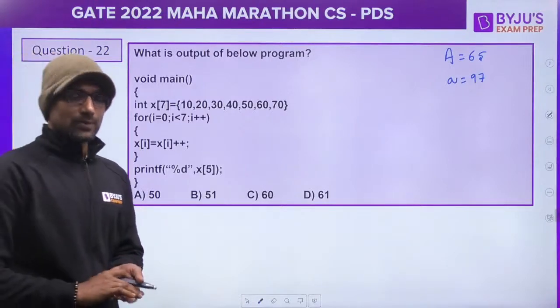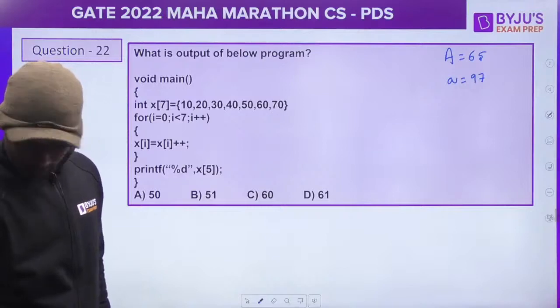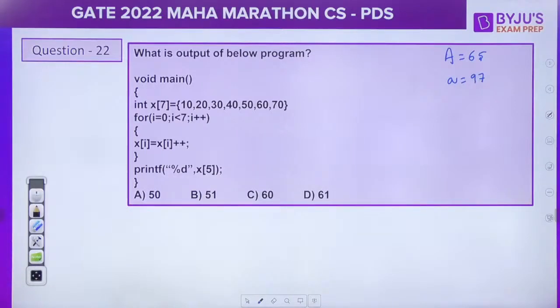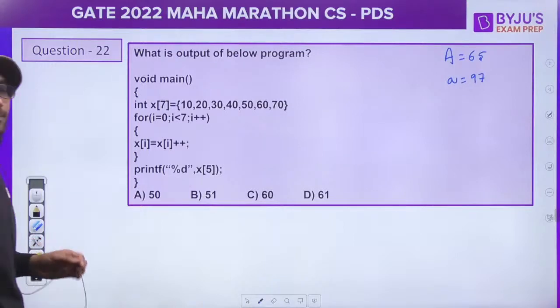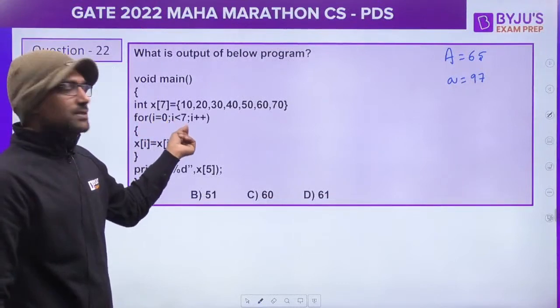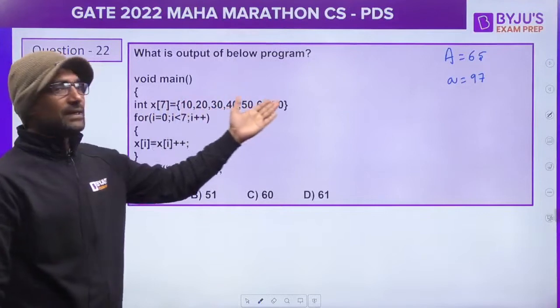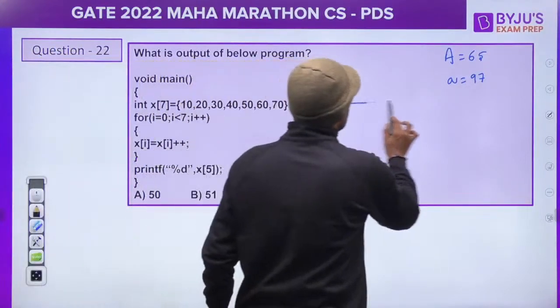Quick 20-second question. We are starting i with 0 and going on till 7, means complete array we are initializing.